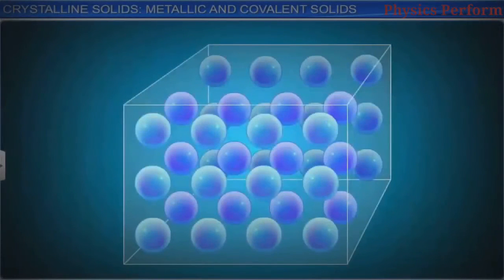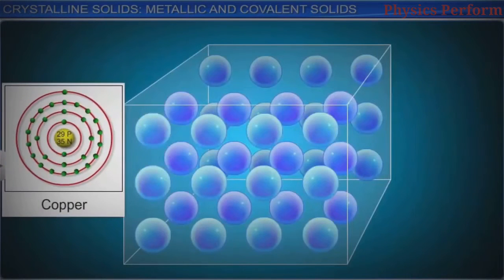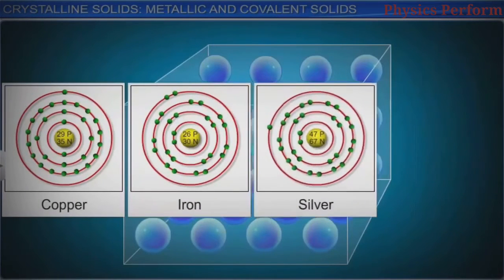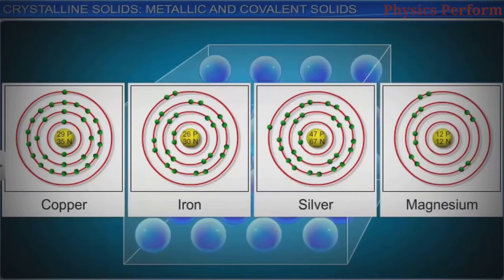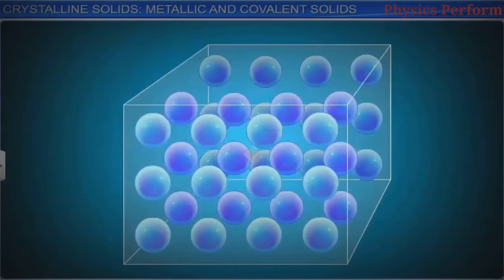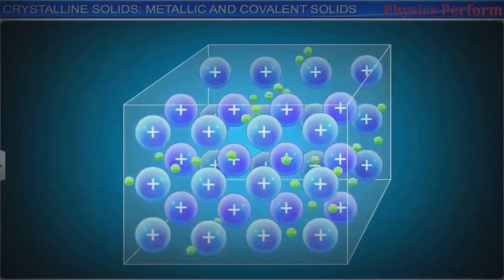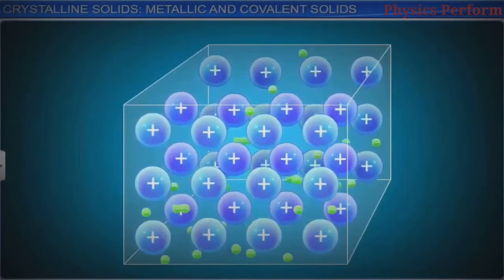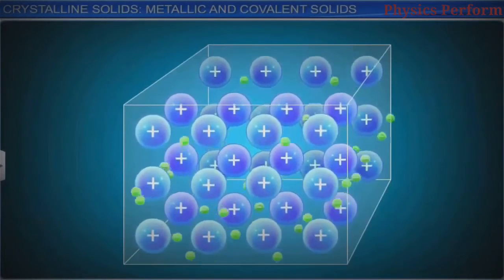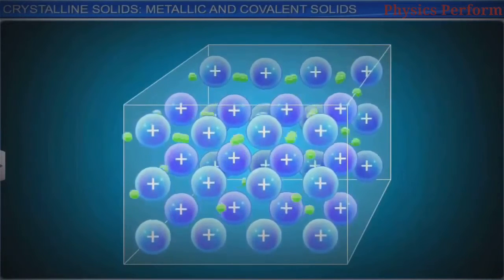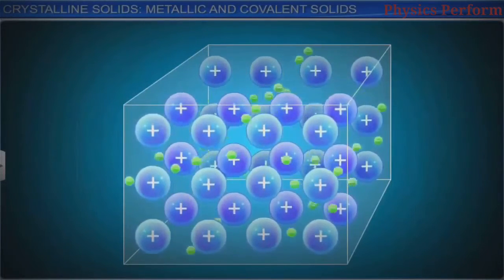In metallic solids, the metal atoms, such as copper, iron, silver, and magnesium, lose their valence electrons to the crystal as a whole. These solids are merely a collection of positive ions surrounded by and held together by a sea of electrons.